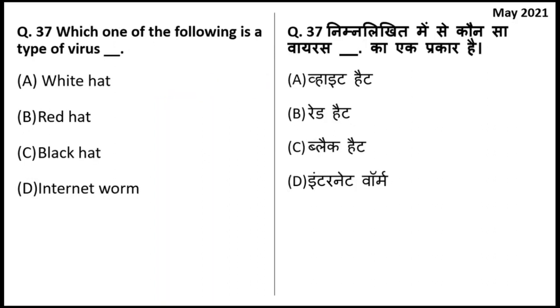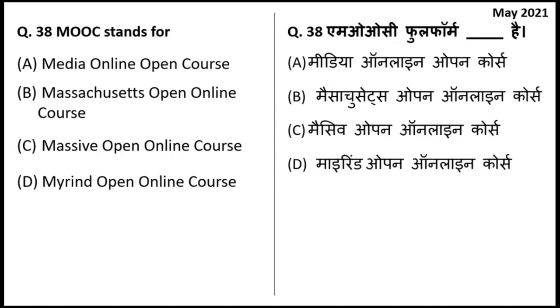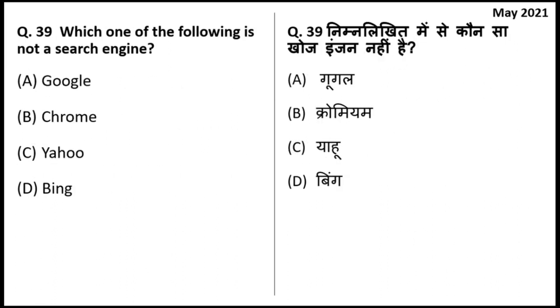Which of the following is a type of virus? So internet worm is a type of virus. It does not require human interaction for spreading from one computer to the other. MOOC stands for Massive Open Online Course. It is a platform where online courses are available for everyone for free. Which of the following is not a search engine?